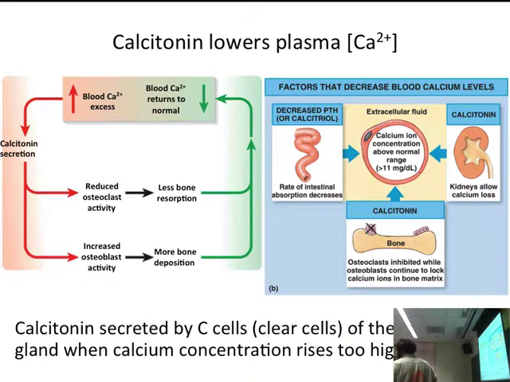You can look at the thing if you want, but just using your critical thinking and knowing that it's regulated by absorption, excretion, and storage in the bones. What effect would you say calcitonin probably has on the kidneys? If it's going to lower calcium in the blood, what is it going to do to the kidneys? Is it going to slow the kidneys' elimination of calcium or speed up the calcium's?